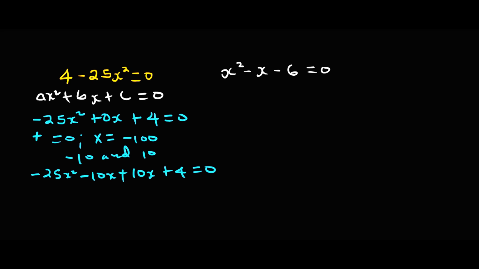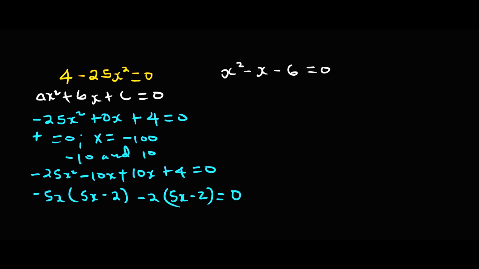The common factor is negative 5x. In the bracket we have 5x plus 2. So we expect to have 5x plus 2 on this side as well. For us to obtain positive 4, it means we multiplied 2 by 2. And that's equal to 0.